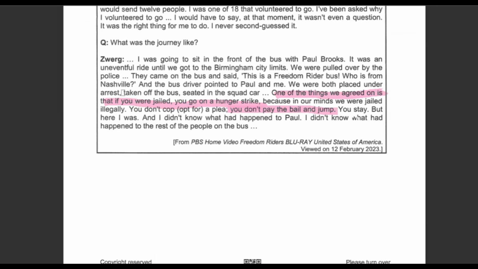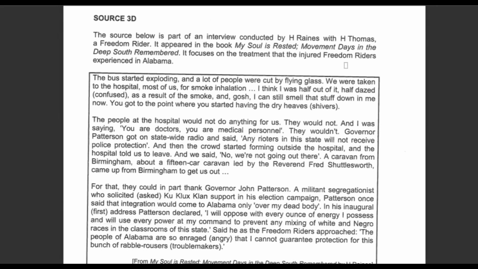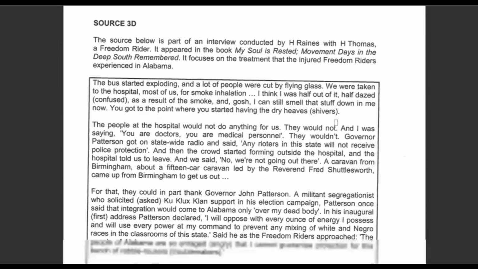Going on to 3.4.1, study source D. Look at source D. It is actually part of an interview conducted. It appeared in the book My Soul is Rested. It focuses on the treatment of injured freedom fighters experienced in Alabama. If we go back to the question, the first question reads, give 3 reasons in the source why protesters were taken to hospital.